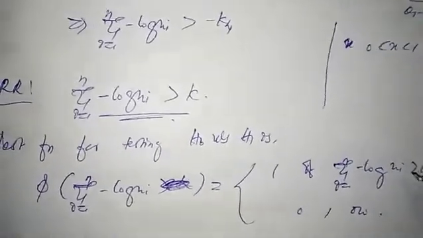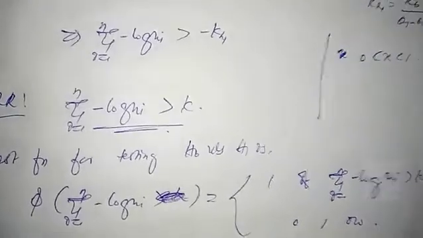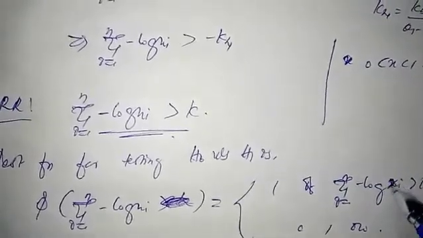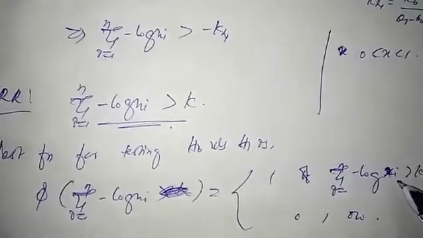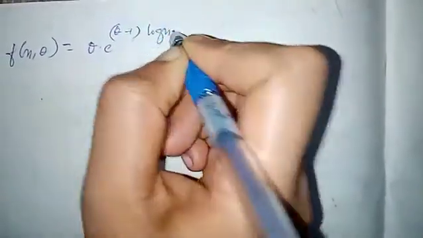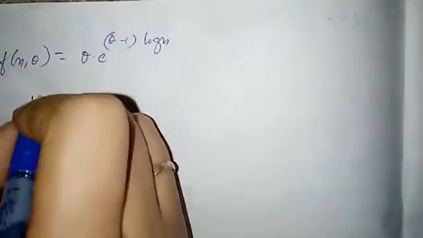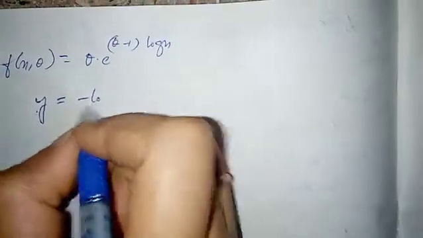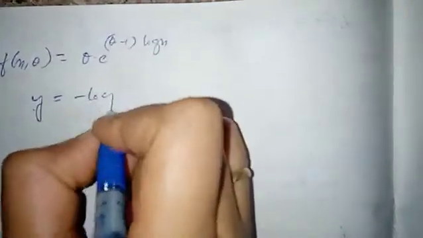But here also we only know the density of x. Under H0, the density of x is theta into e power (theta minus 1) log x. So here we need to obtain the density of minus log xi. For that we take y equal to minus log x.